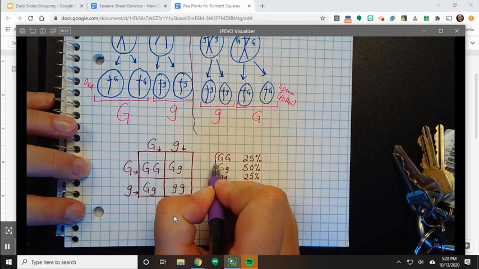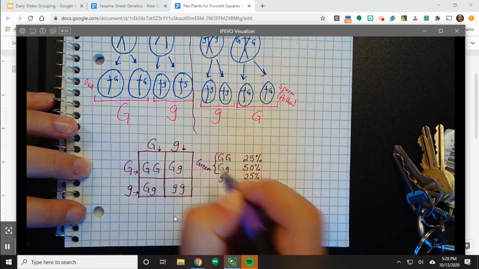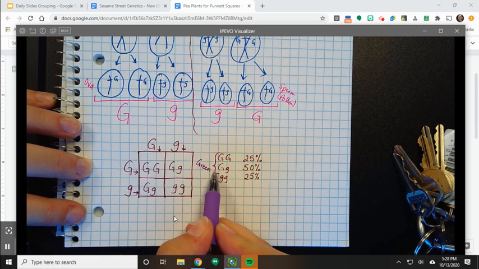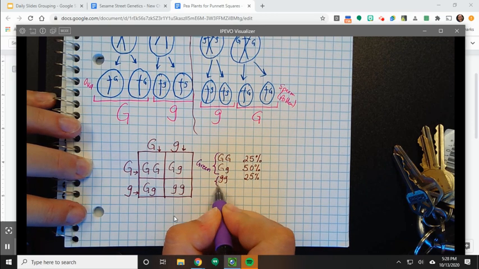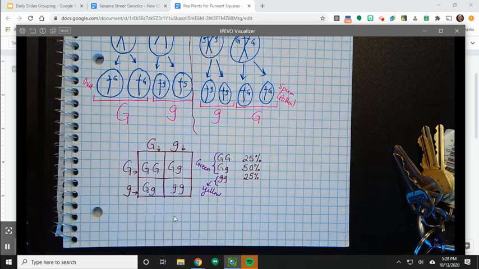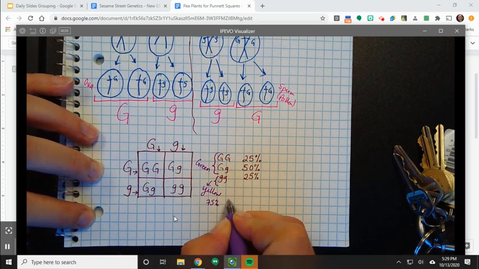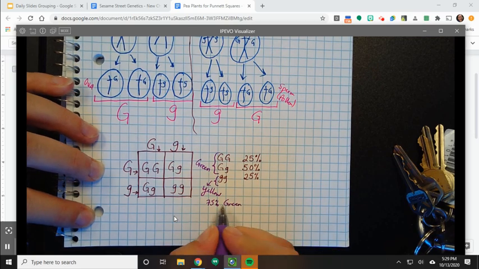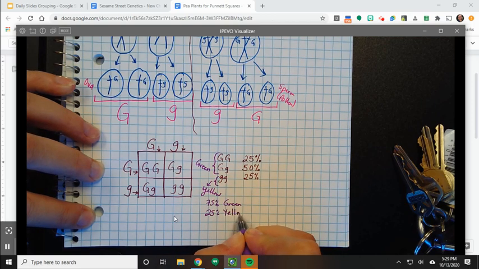These two genotypes result in a green phenotype, and this one results in yellow. So there's a 75% chance of having offspring with green pods, or a 25% chance of yellow.